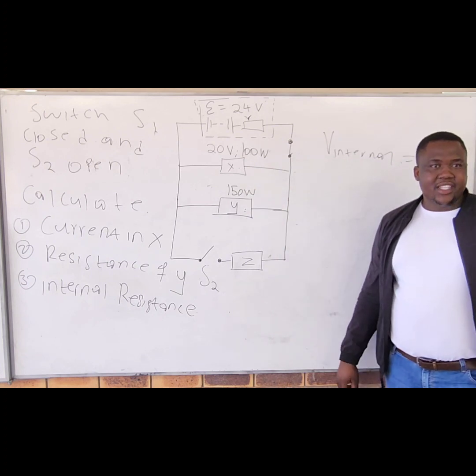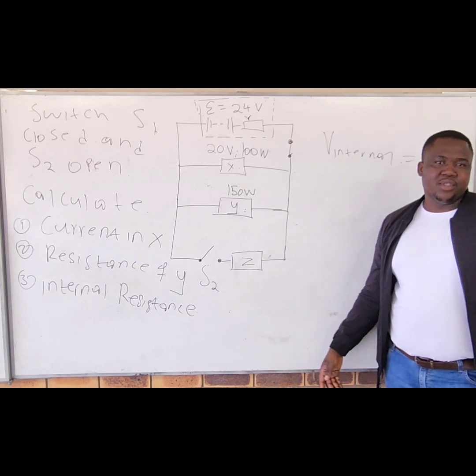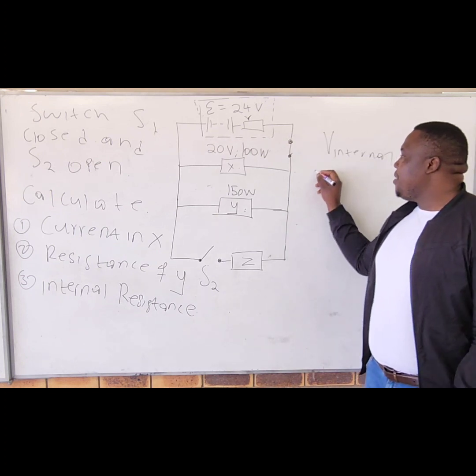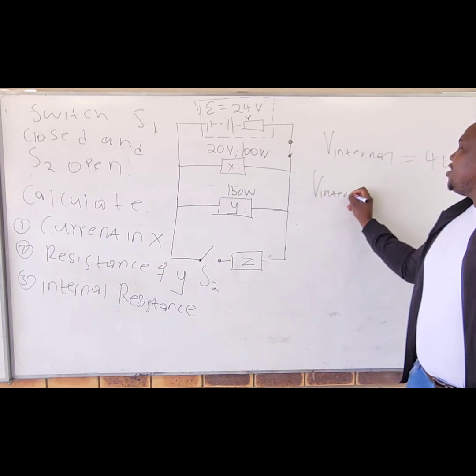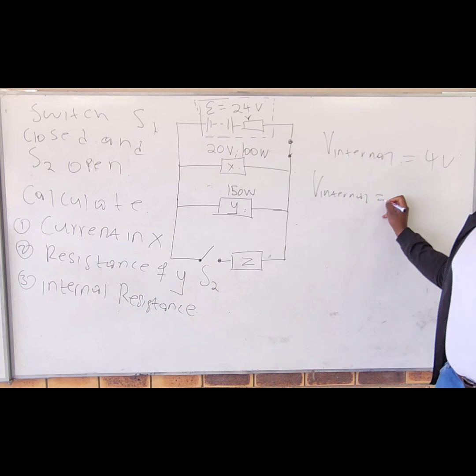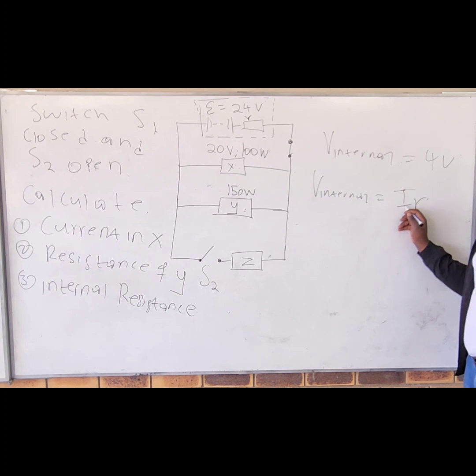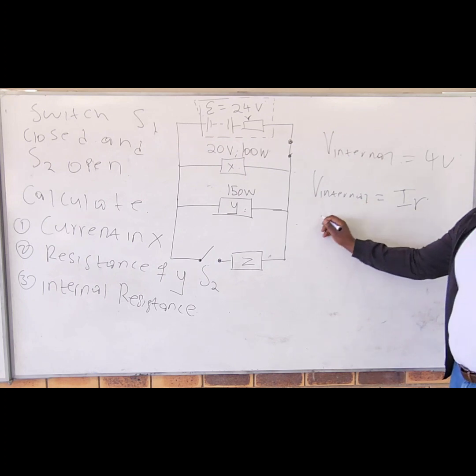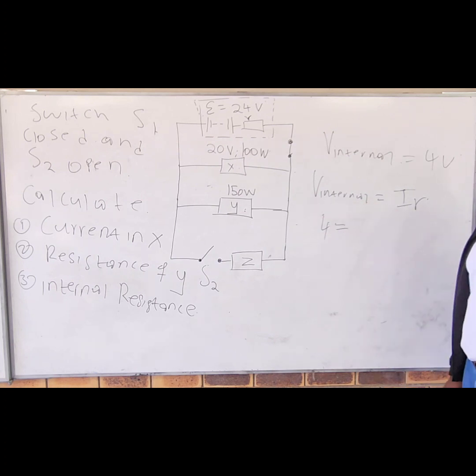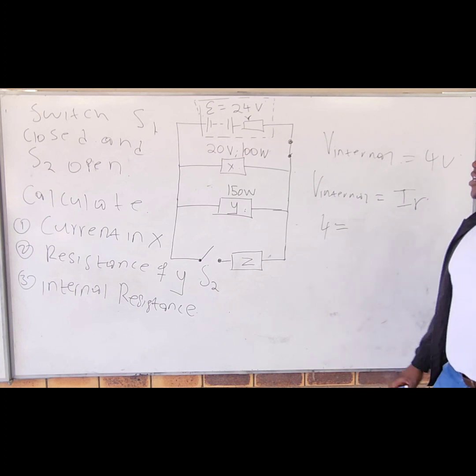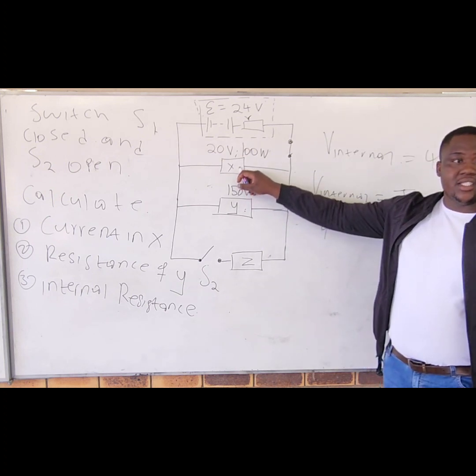So it means we can get it using a simple formula. Remember, V internal is equal to I, small letter r. This I is the total current, right? What is the total current of that circuit? So we can say 4 is equal to the total current. When we calculated the current that is here, we got 5, right?